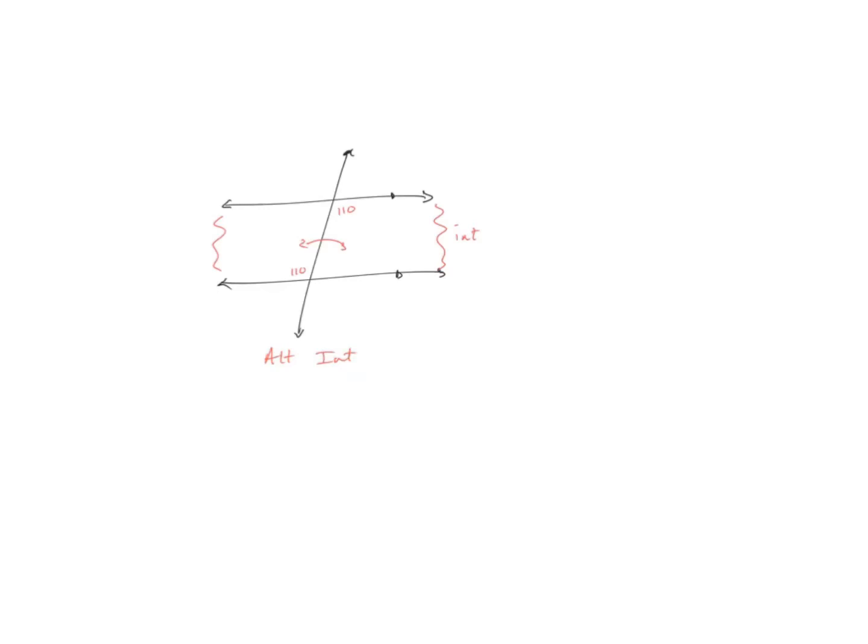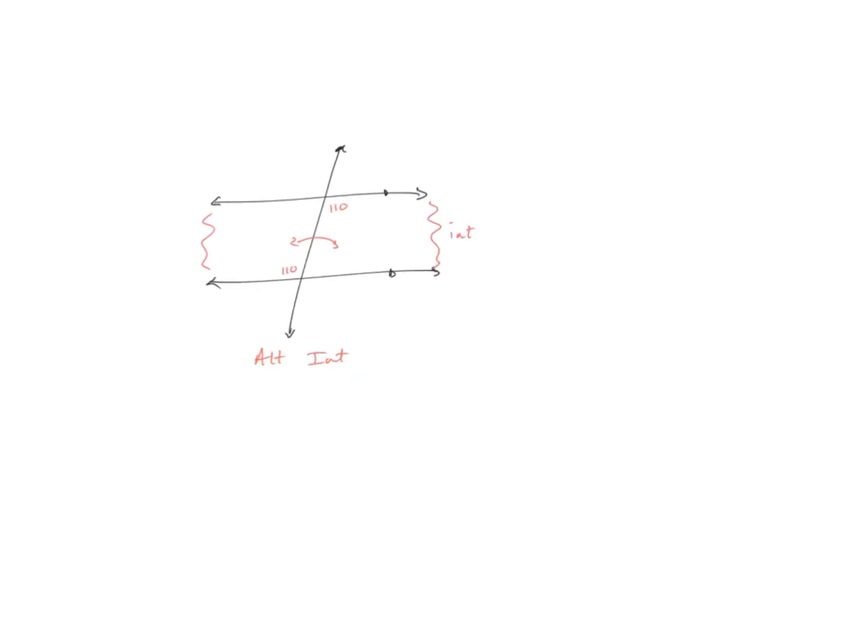Now I could have two lines like this, and maybe I have this angle here and this angle here. Yes, these lines are not parallel, yet we would still consider these alternate interior angles. The difference is that alternate interior angles along parallel lines are going to be congruent.